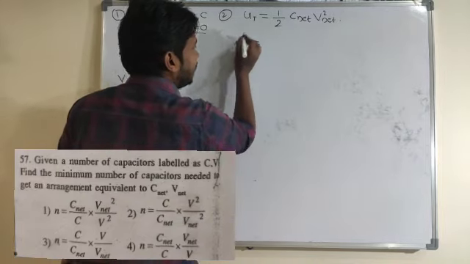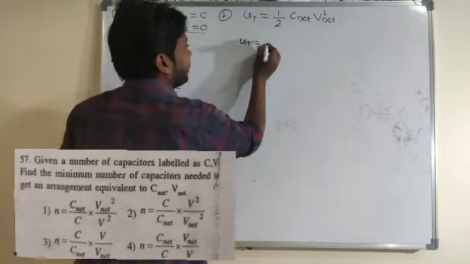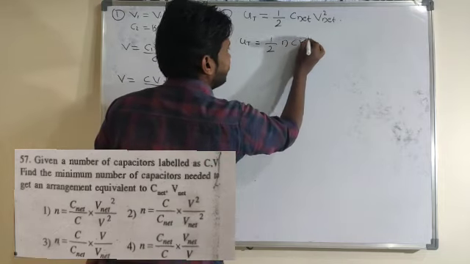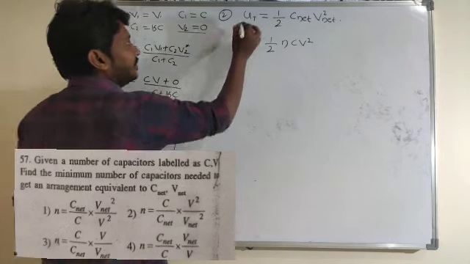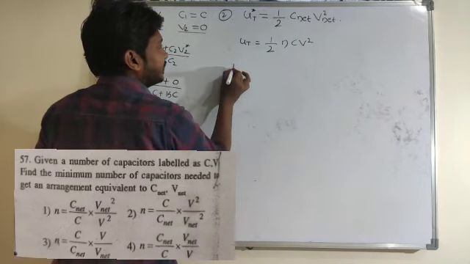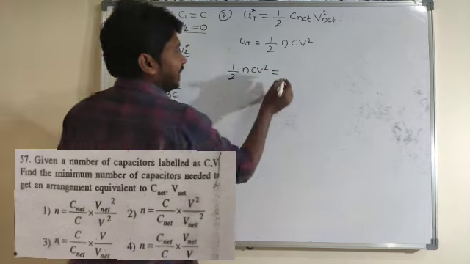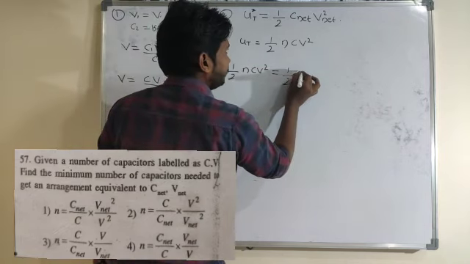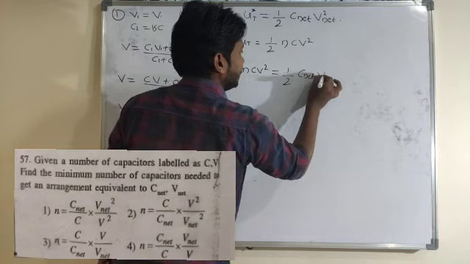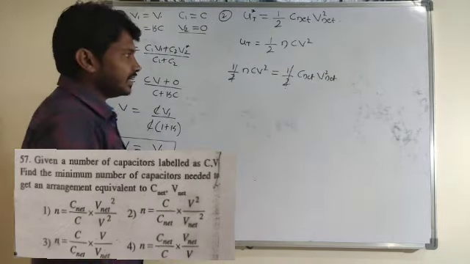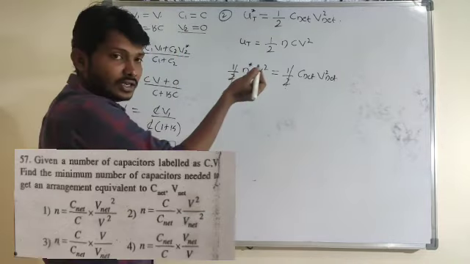To get that total energy stored, n capacitors are required, so the energy is half of n into C into V squared. It is equal to half of C net into V net squared. The 1 by 2 term gets cancelled out, and I need to find the value of n.